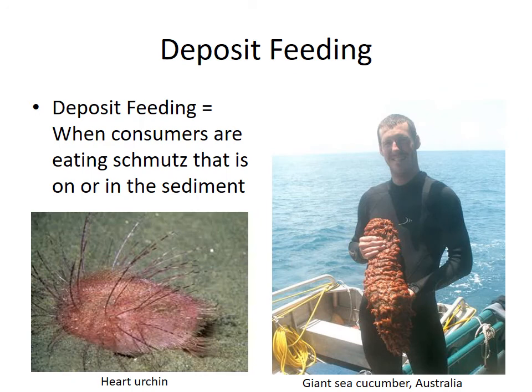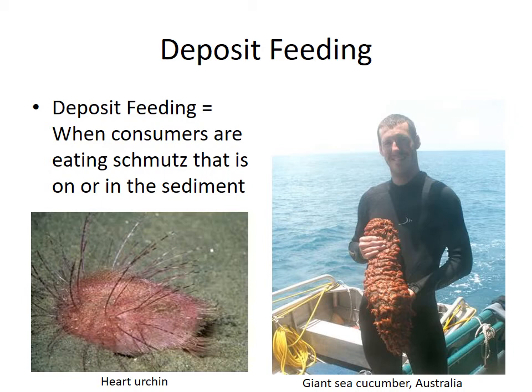Deposit feeders. So these are the organisms that eat benthic detritus or schmutz that has already settled onto or into the sediment. Many of these organisms crawl on the surface of the sediment, or they dig into the sediment. The heart urchin is a type of sea urchin, a type of echinoderm, distant relative of starfish, that will burrow into the mud.